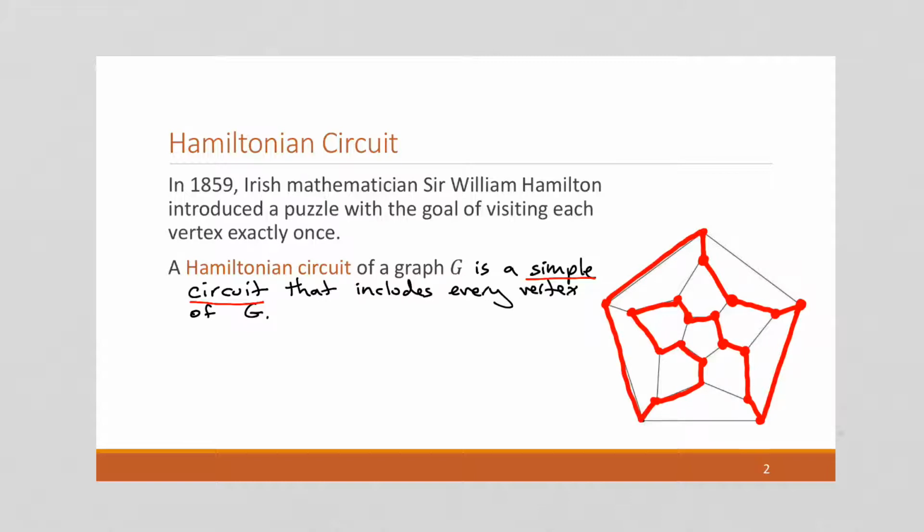There we go. And notice how we've covered every vertex, but we've never duplicated a vertex except for the start and end point right there. And we've duplicated no edges. So it is a simple circuit and a Hamiltonian circuit because we've covered every vertex in the graph.